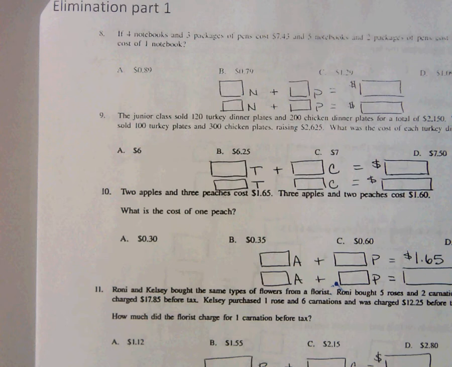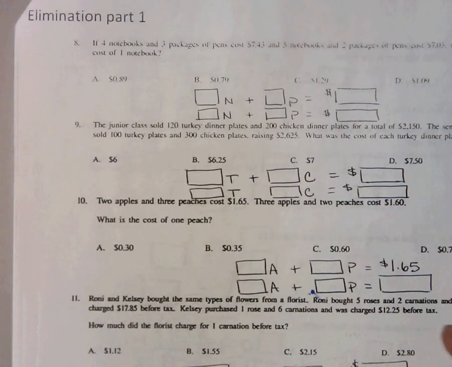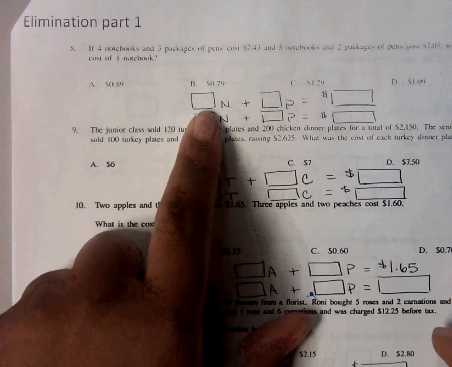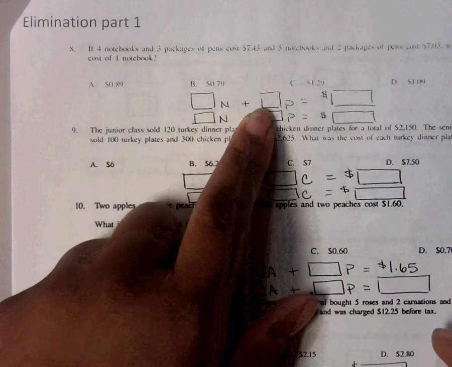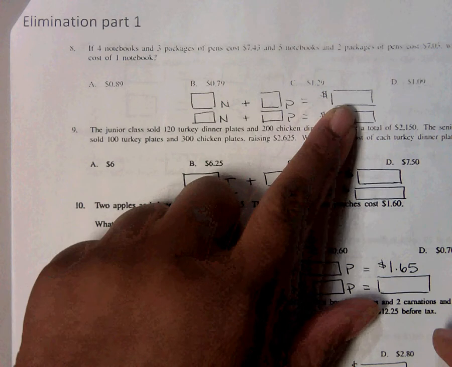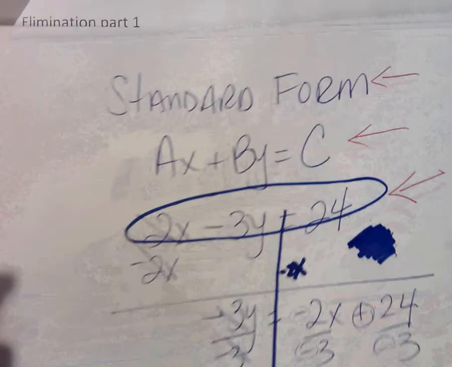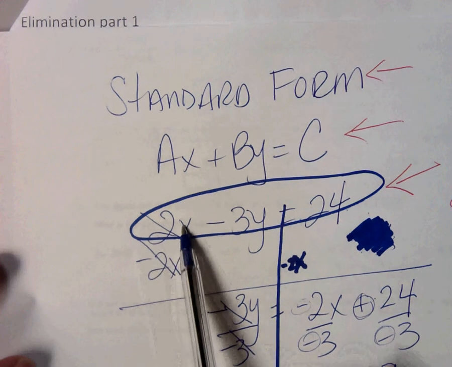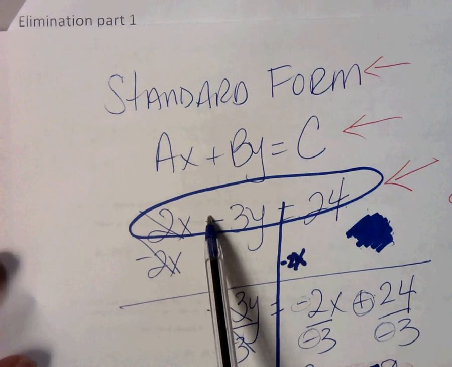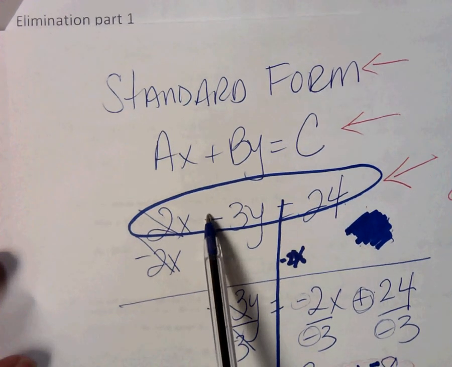Okay, number 8. It says 4 notebooks and 3 packages of pens will cost $7.43. Well, remember, it was a number, a letter, plus a number, a letter, equals a number. And let me go back and show you. Number, letter, and this one had minus, but we're using plus.